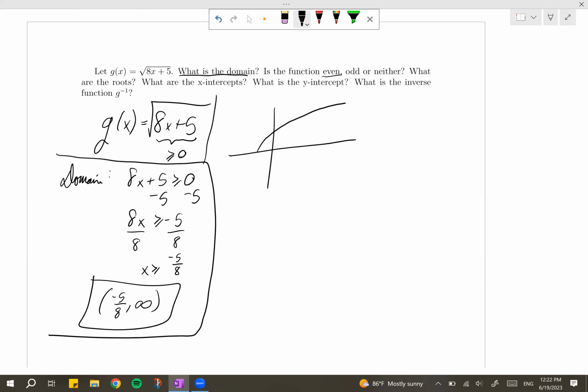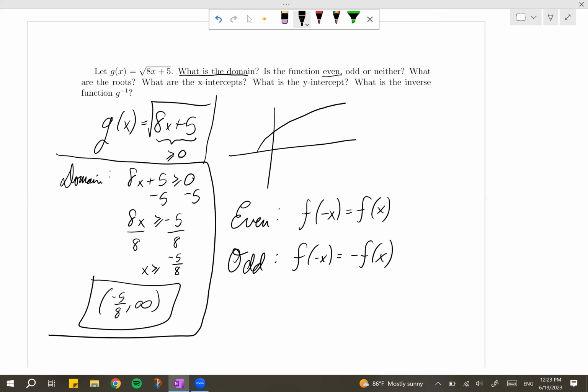Another way we could have done this is: even is f of negative x equals f of x. Odd means f of negative x equals negative f of x.